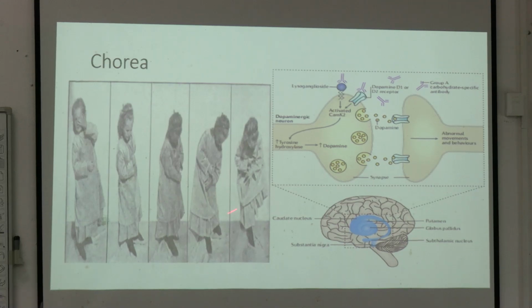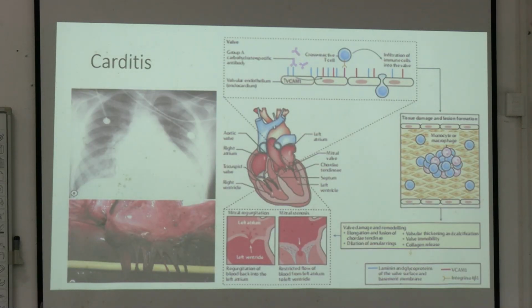And it may lead to abnormal gait movement. As you can see, when this child is trying to walk, she has an abnormal movement. This abnormal movement is called chorea. And the chorea that is seen in the background of acute rheumatic fever is called Sydenham's chorea, named after the person who described this kind of abnormal movement.